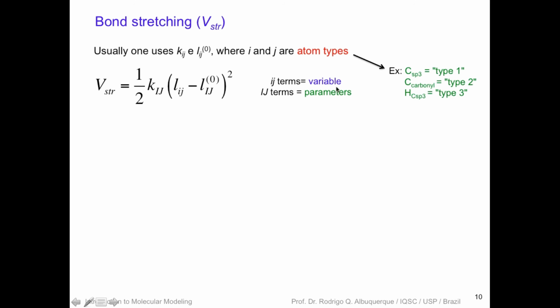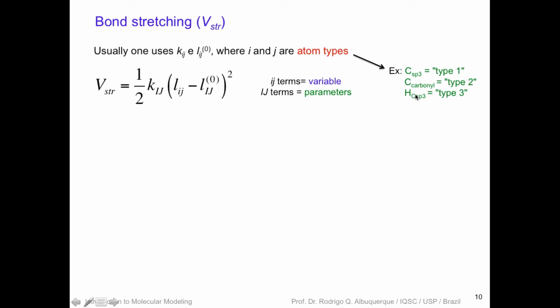And an atom type, what is an atom type? The computer understands much more easily if you use numbers instead of words. So instead of saying I have an sp3 carbon, you can just say it is a type 1 atom. Instead of saying I have a carbonyl carbon, I would say I have a type 2 atom, and so on.